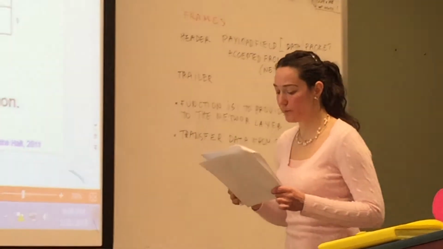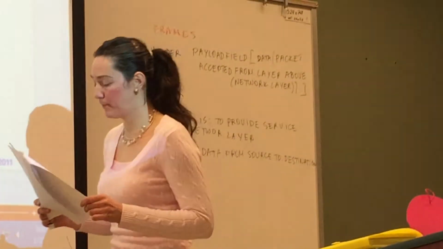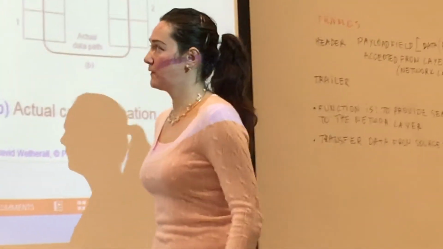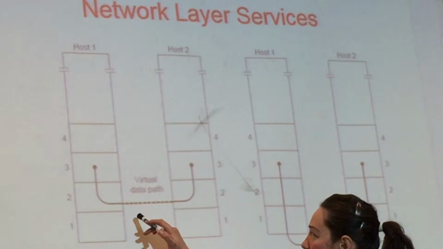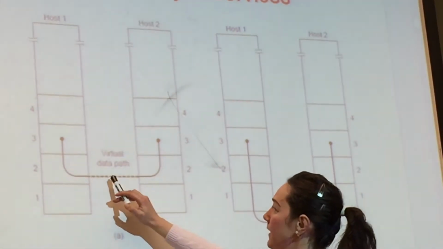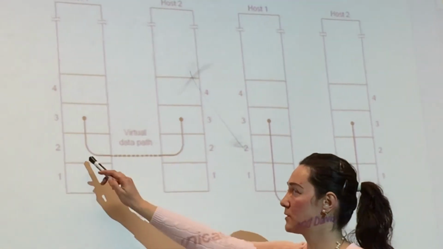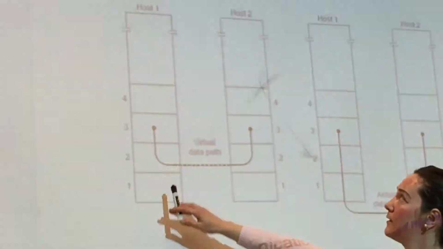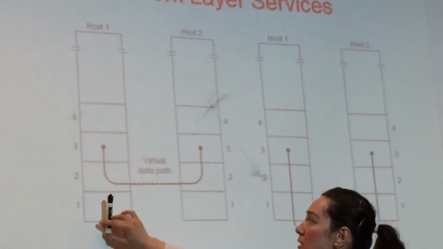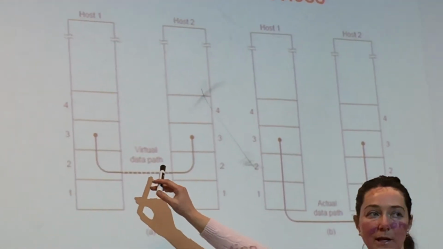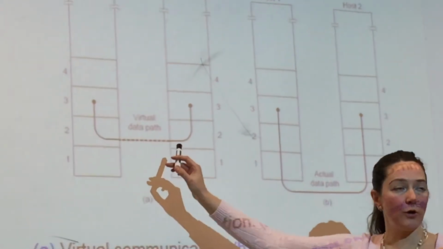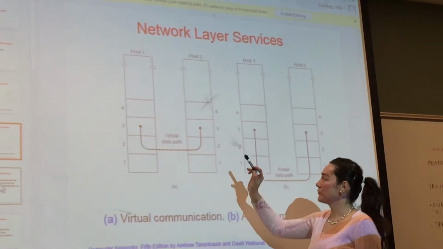We already talked about the physical path and the virtual path in the previous lecture. The virtual path is shown with dots here because the layer 2 data link layer on the sending machine believes that it's talking to the data link layer on the receiving machine.